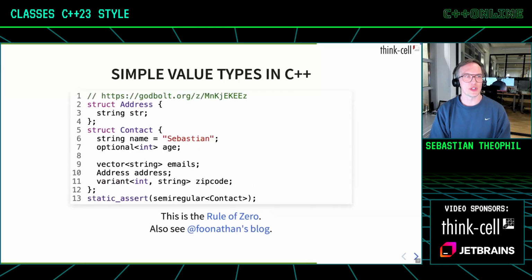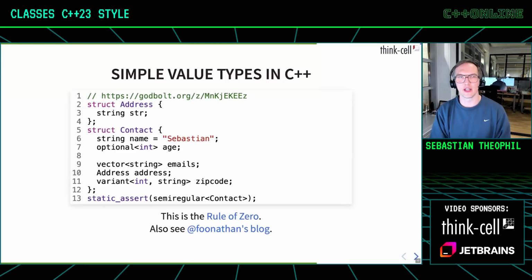And that also works, of course, if our type contact would have another user-defined type. So the automatically generated special member functions are always correct as long as all our member types are themselves regular types and are copyable, default constructible, etc. Okay, so for very simple value types, that's super easy, nothing to do.